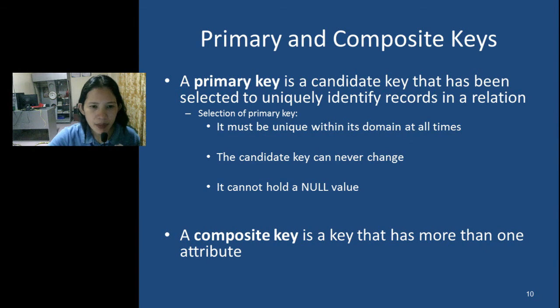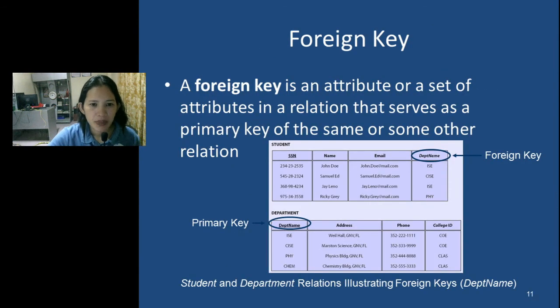In selecting a primary key, we need to consider the following. It must be unique within its domain at all times. The candidate key can never change, and it cannot hold a null value. A composite key is a key that has more than one attribute. Foreign key. A foreign key is an attribute or a set of attributes in a relation that serves as a primary key of the same or some other relation.